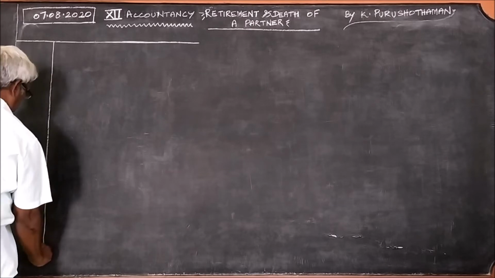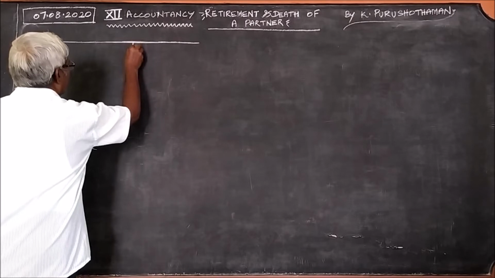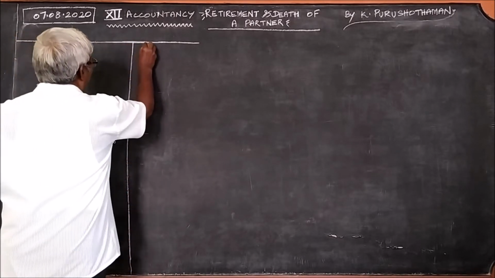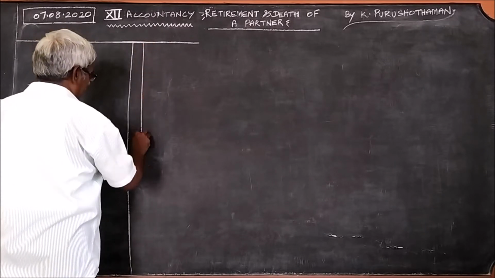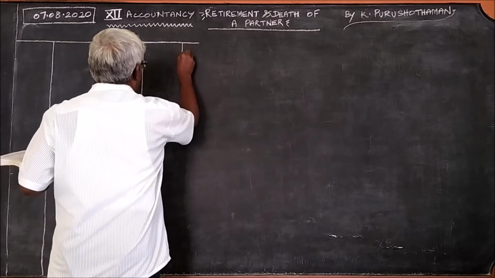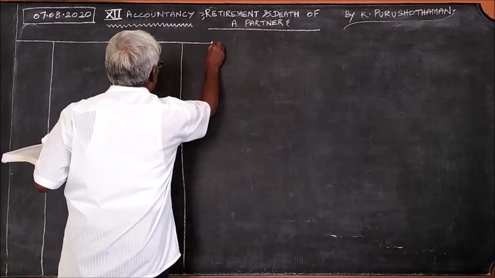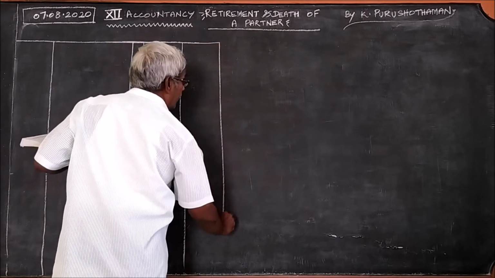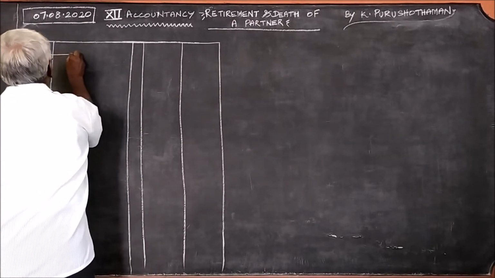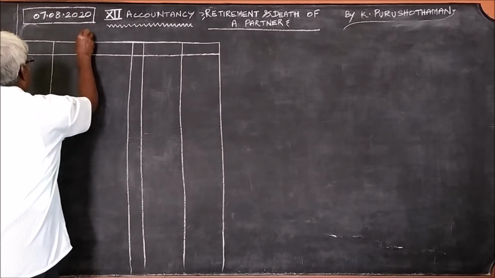Dates, particulars, ledger folio, debits, and the last one is the credit. Yes, for journal entries.